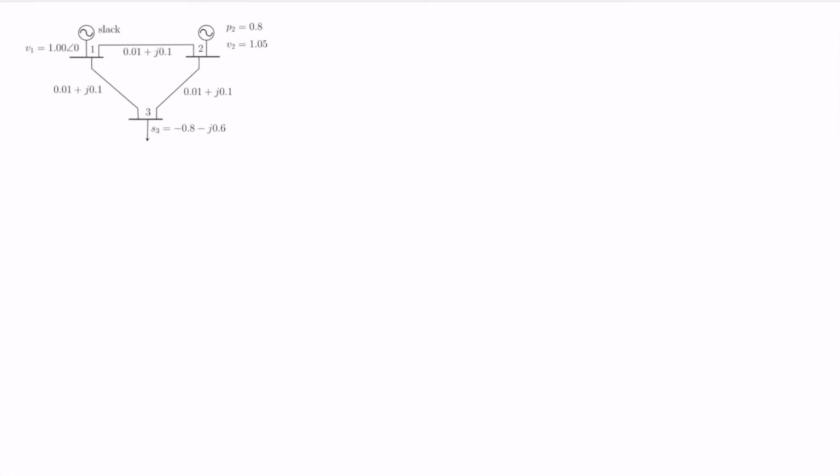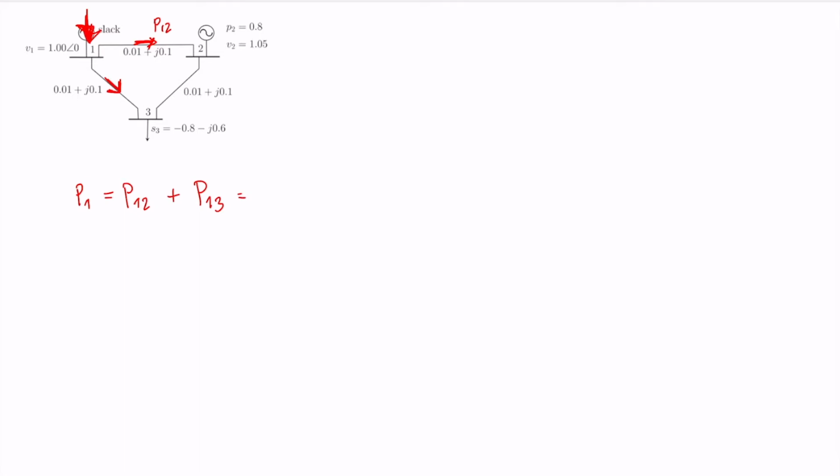We're going to start with the active power. So we know P1, this injection in node 1, is equal to the power that goes from 1 to 2, this power, plus the power that goes from 1 to 3, this power.